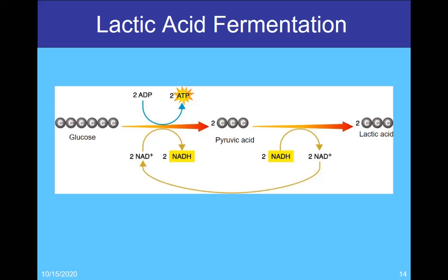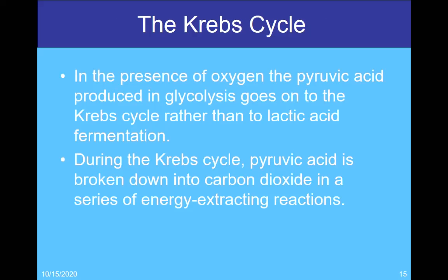If you do cellular respiration, we still do glycolysis, which takes place in the cytoplasm, but then those 2 pyruvic acid molecules are going to pass into the mitochondria, where we're going to perform the next step of this process, the Krebs cycle. So in the presence of oxygen, the pyruvic acid produced in glycolysis goes on to the Krebs cycle rather than stay in the cytoplasm to do lactic acid fermentation.